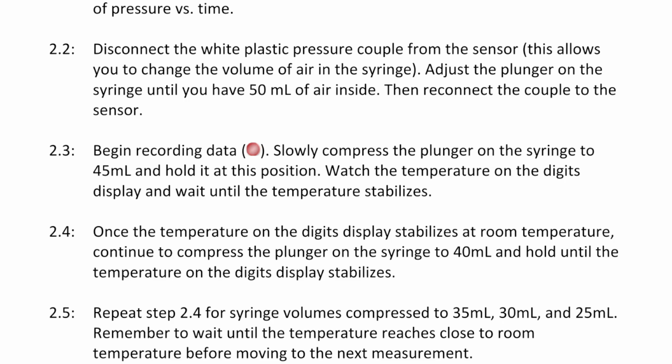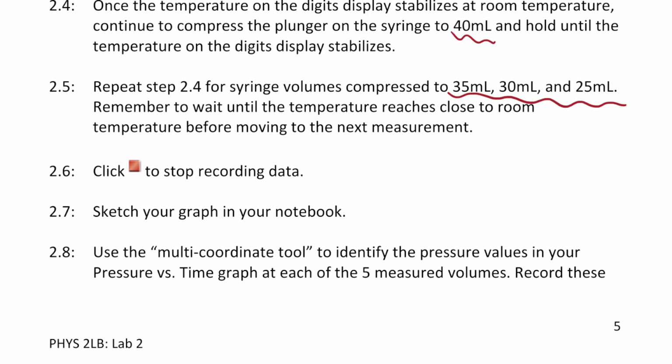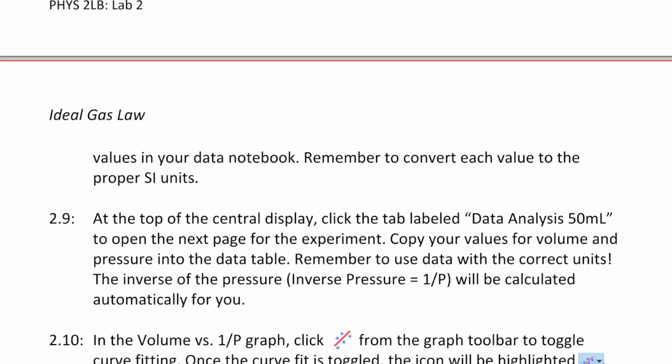All right, and then the second experiment is somewhat similar. Again, you're going to set the syringe to have 50 milliliters of air inside initially, and then you're going to compress the syringe to 45 milliliters, wait for the temperature to stabilize, and then push it down to 40 milliliters, wait for the temperature to stabilize again, and repeat that all the way down to 25 milliliters in 5 milliliter increments. You're going to do some data analysis, such as using the multi-coordinate tool to identify pressure values, and record these in your notebook.